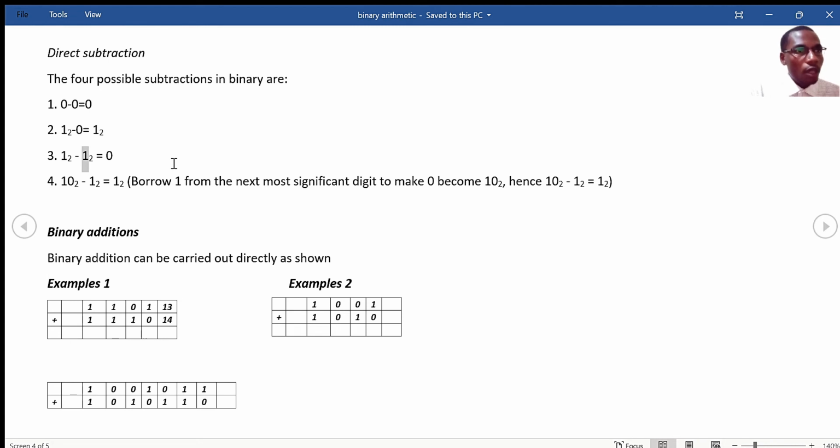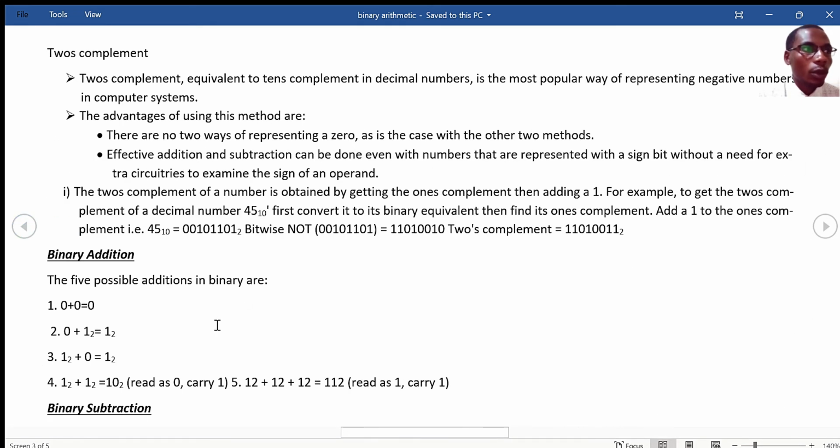The fourth possibility is 1 0 minus 1. You remember that one? We have done it above where we were adding 1 plus 1. It gave us 1 0.